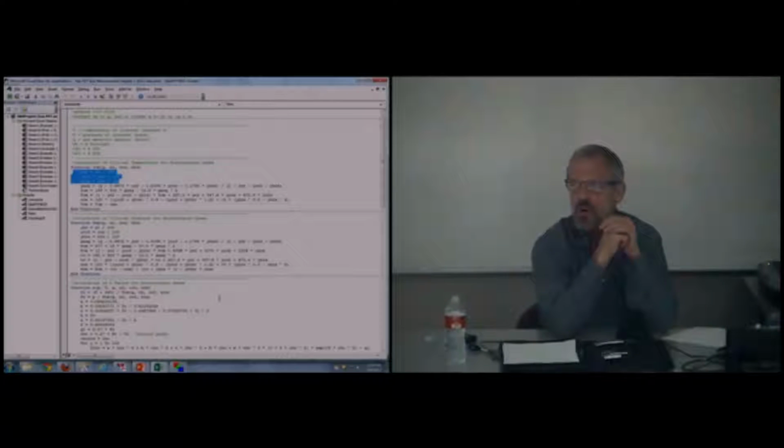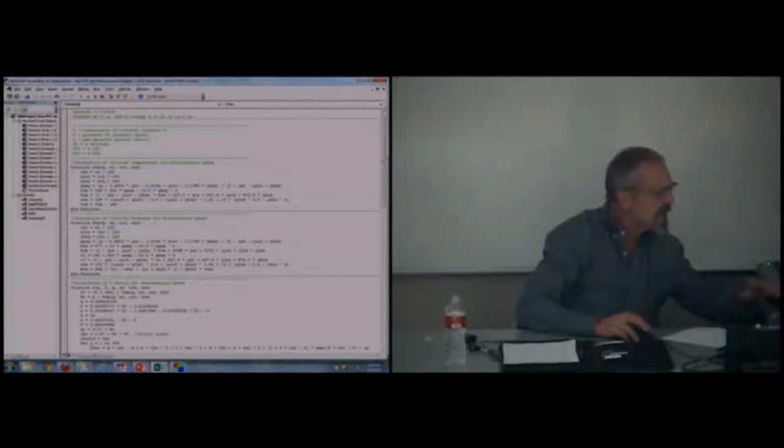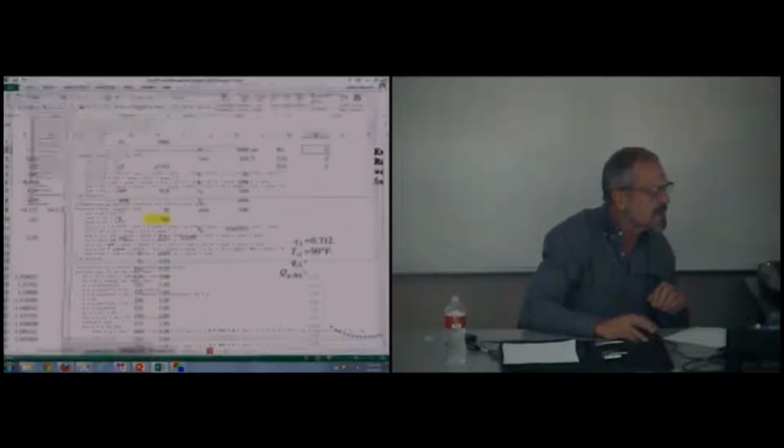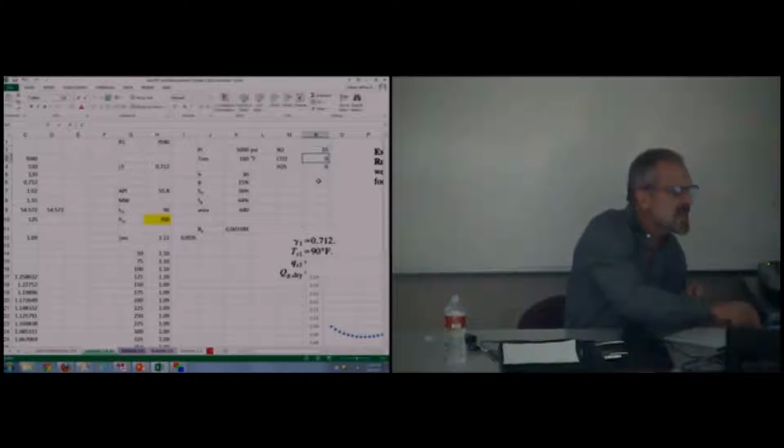They're converting whole percent to mole fraction. You see that? All the calculations are actually done in mole fraction. So if I have 10%, it's going to do the calculation with 0.1. But when it's prompting me here, I would actually put in 10%.